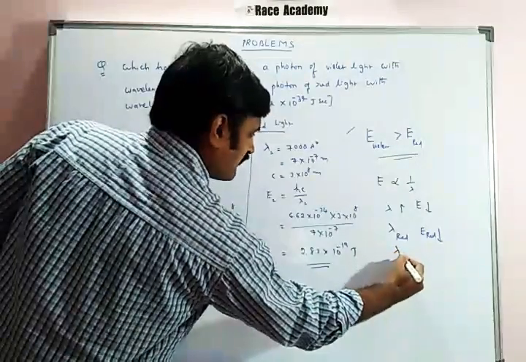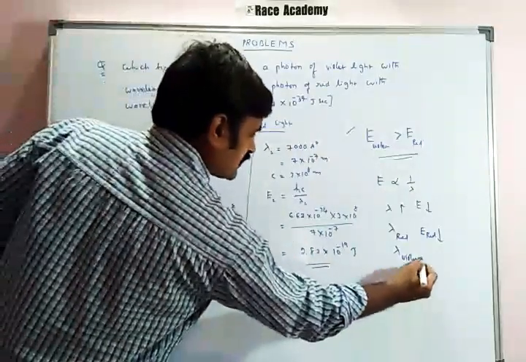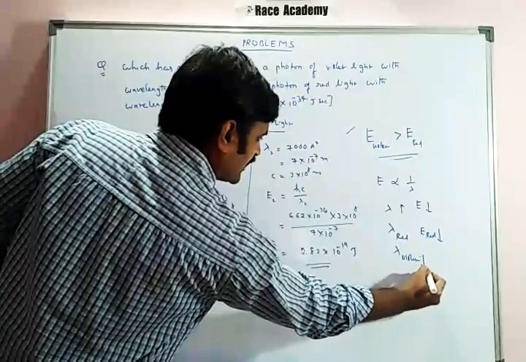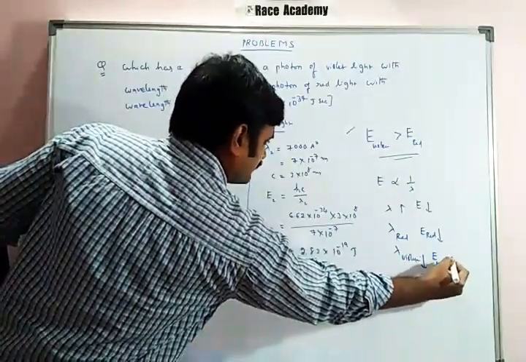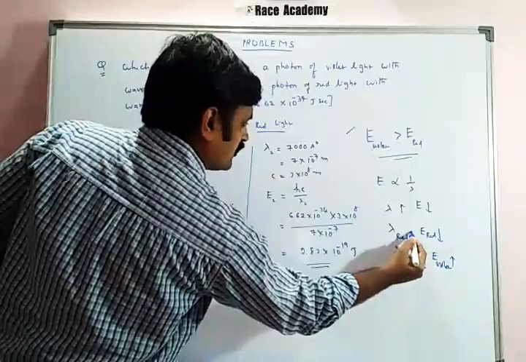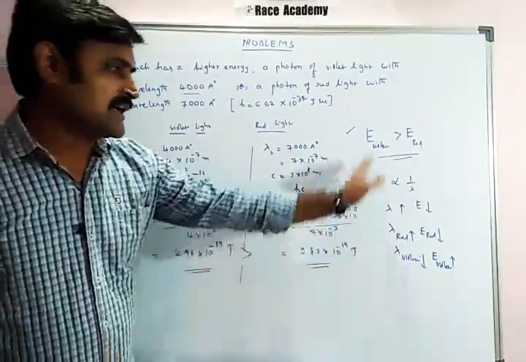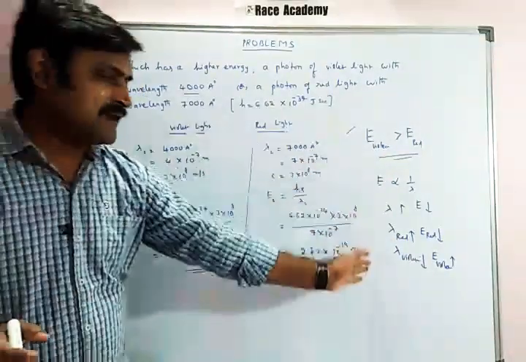The lambda value of violet light given in the question is a small value. So the energy of violet light will definitely be greater. So red light energy is smaller than violet light.